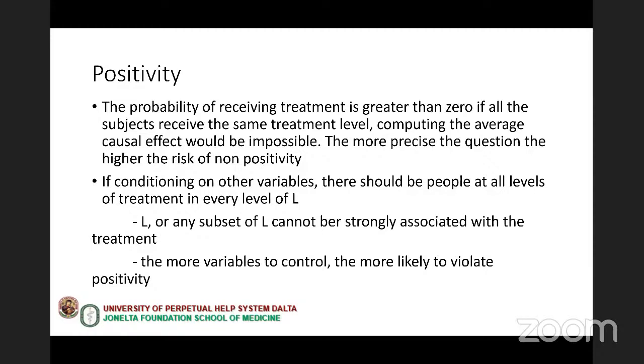When conditioning on other variables, there should be people at all levels of treatment in every level of L, wherein L or any subset of L cannot be strongly associated with the treatment. And the more variables to control, the more likely that you would violate positivity. That's why we ask you, whenever you do your research, to limit your variables. Only measure one or two so that your positivity will not be affected and the validity of the study would not be affected.